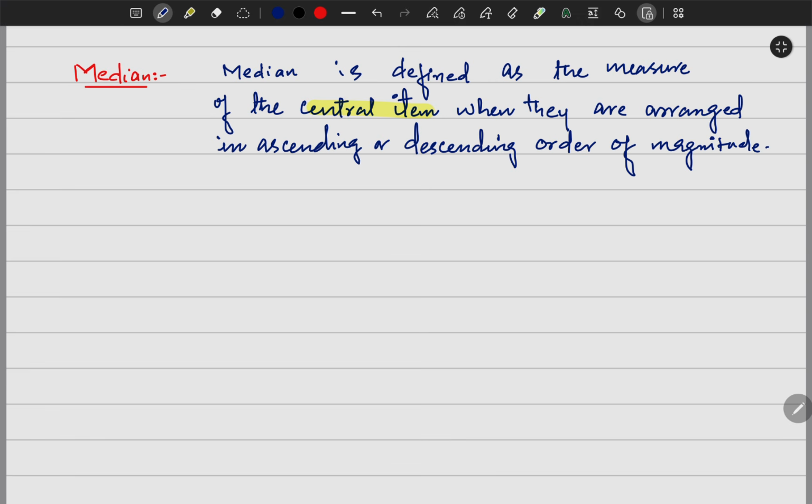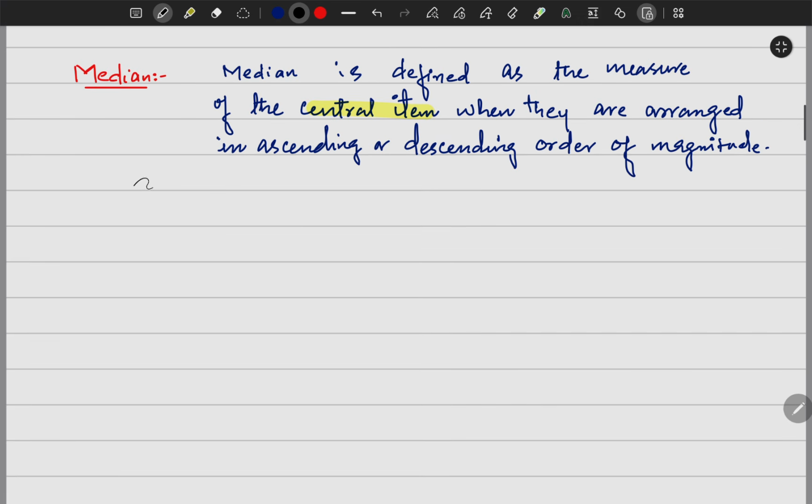If we have data with an odd number of observations, then the central item will be the (n plus 1) divided by 2 item, where n is the number of observations.